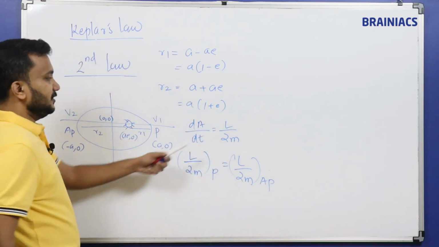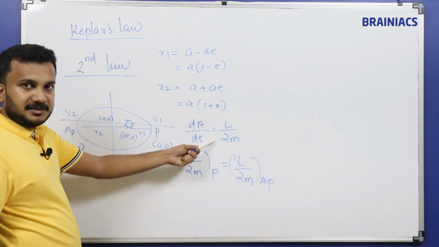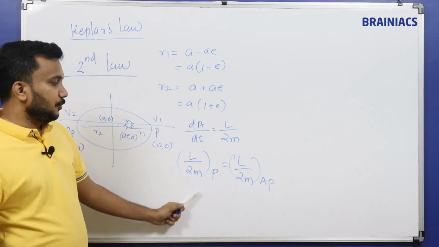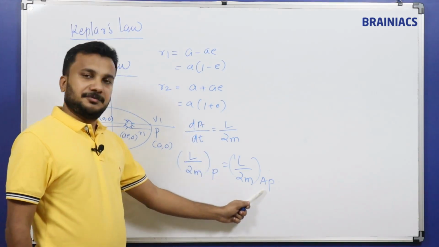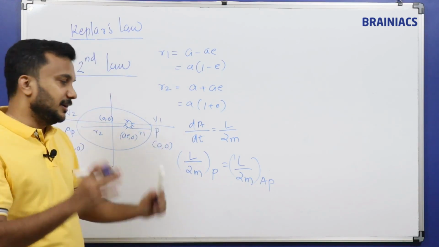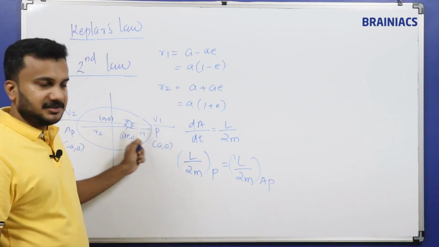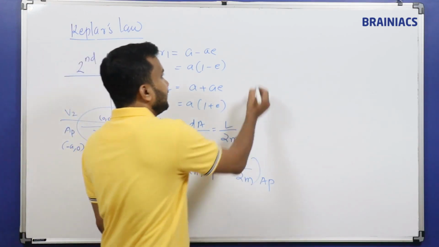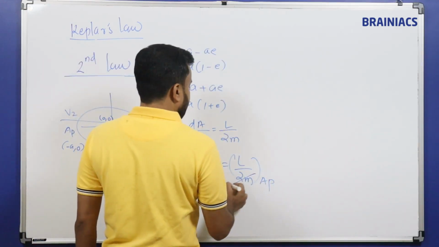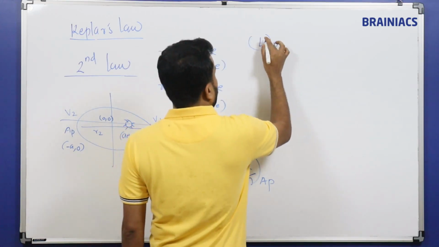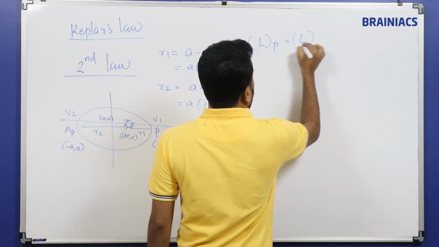This is a definition from Kepler's second law. Okay, you have to remember this expression. L by 2m at perihelion, L by 2m at aphelion. So L by 2m is constant everywhere. Here the mass of the satellite is the same, so this will get cancelled. So L at perihelion is equal to L at aphelion.